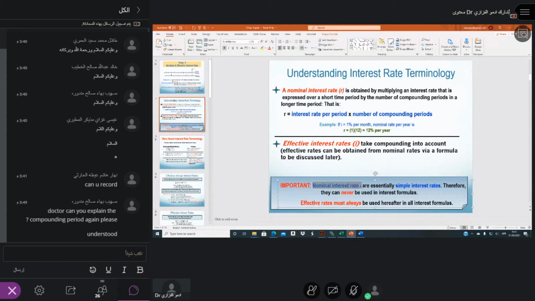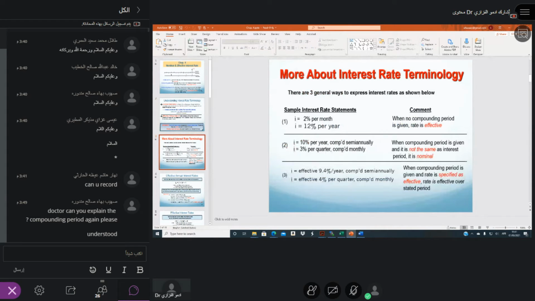So nominal interest rates are almost similar to simple interest. Therefore, they can never be used in interest formulas. Effective interest rate must always be used hereafter in all interest formulas. Okay, these are all just notes that we will look at in detail.